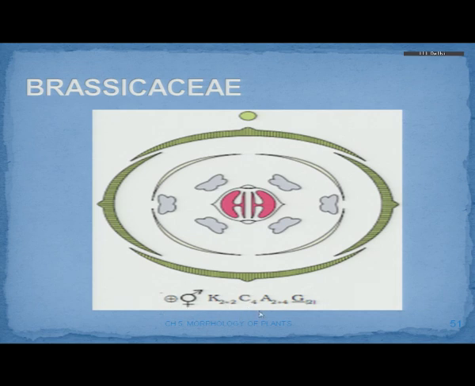This is what we have drawn. This is what we have written: actinomorphic, bisexual, calyx in 2 rows of 2 each, corolla 4 free petals, androecium diadelphous 2 plus 4 condition, superior ovary, 2 fused locules. So you can easily decipher the floral formula also if you know the meanings of these symbols.